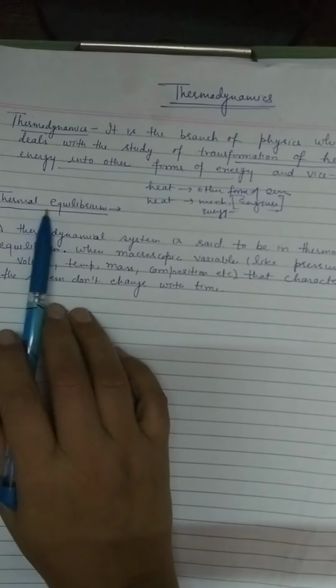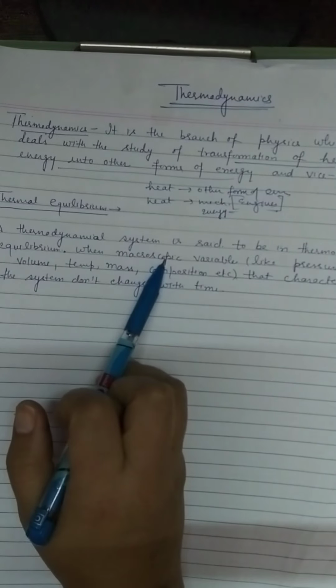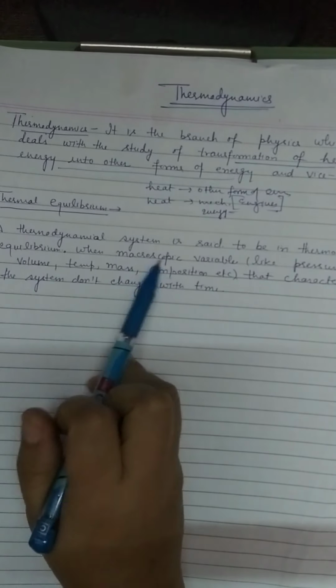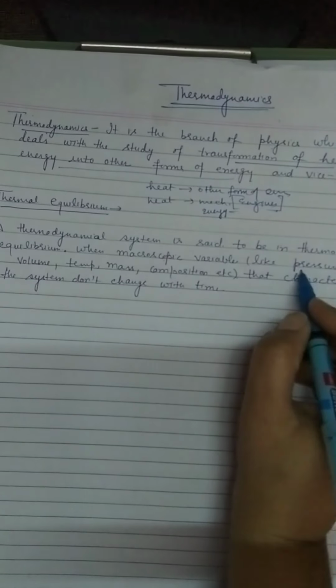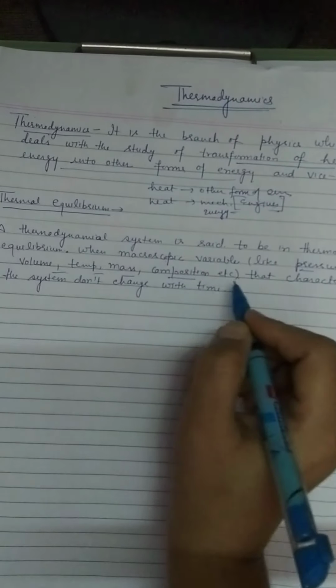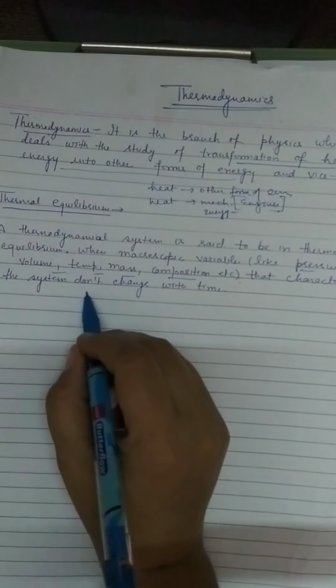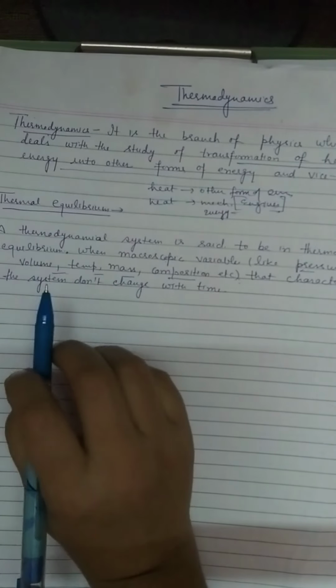Next is thermal equilibrium. What do you mean by a thermal equilibrium? A thermodynamical system is said to be in thermal equilibrium when the macroscopic variables like pressure, volume, temperature, mass and its composition, these characteristics do not change with time. यानी ये characteristic आपके क्या रहे? Constant.